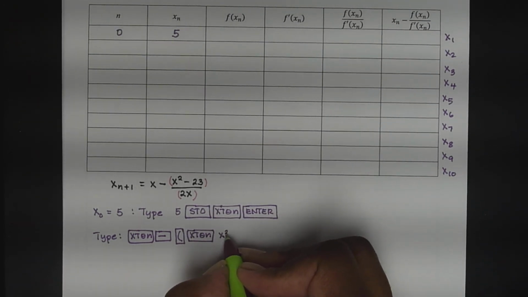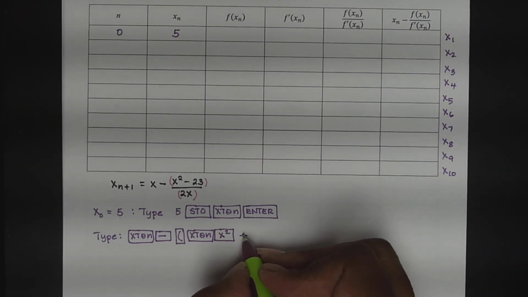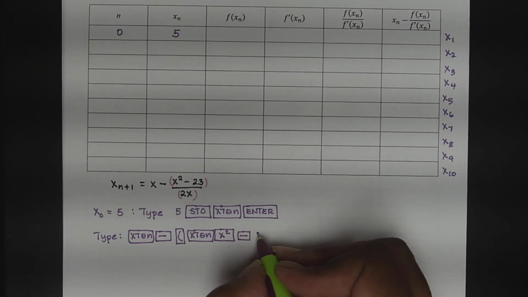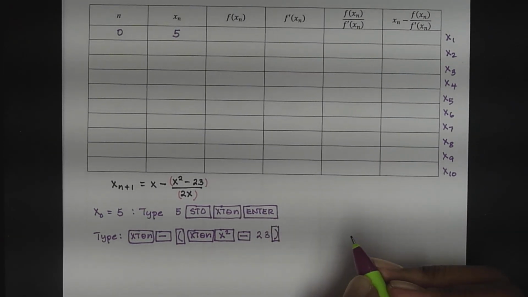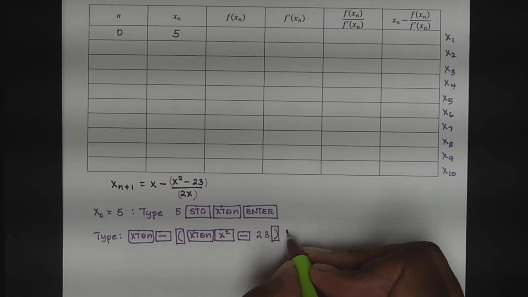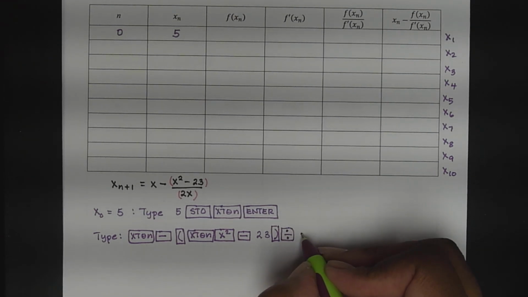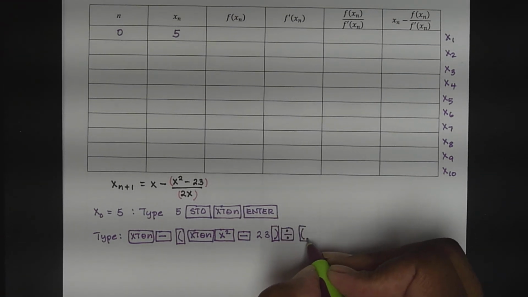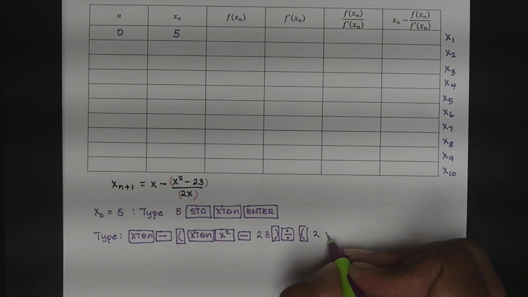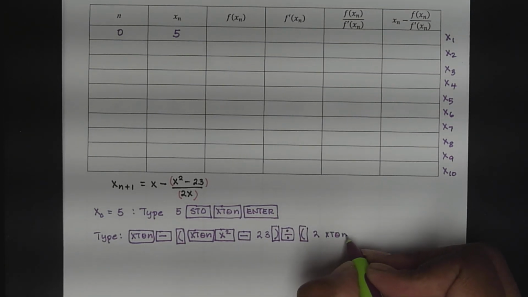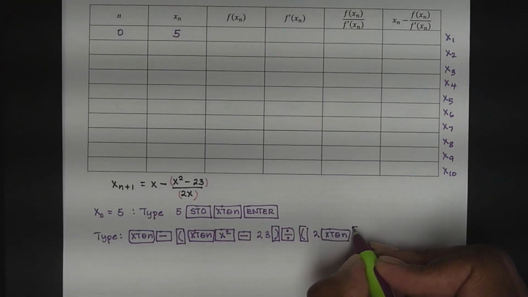Then you're going to press x squared to square that x. Then minus, type in the number 23, close parentheses. That's going to be divided by, press your division key. The 2x will be in the parentheses, so it'll be left parentheses 2, X,T,theta,n to get your x, and then close the parentheses.